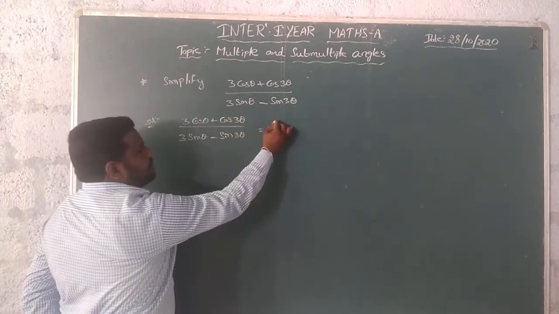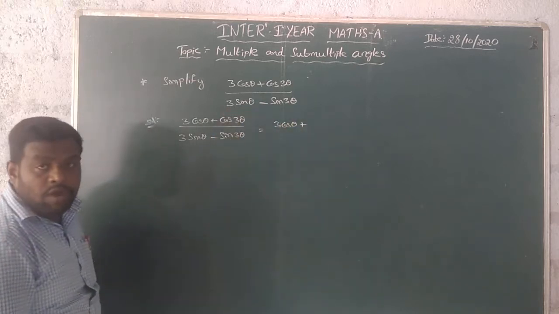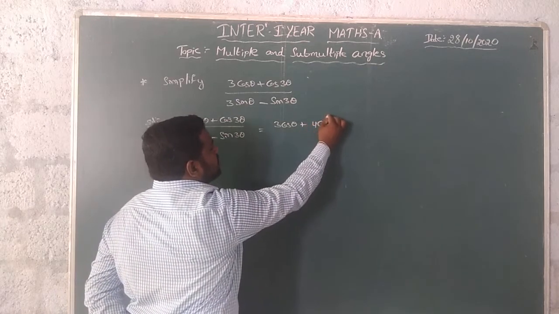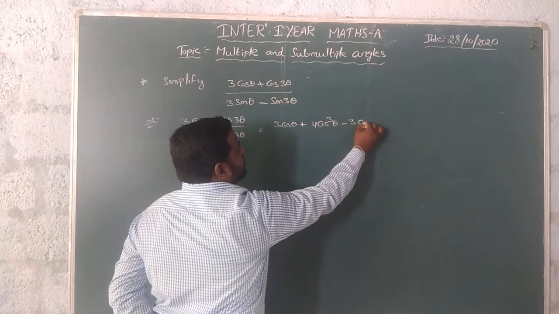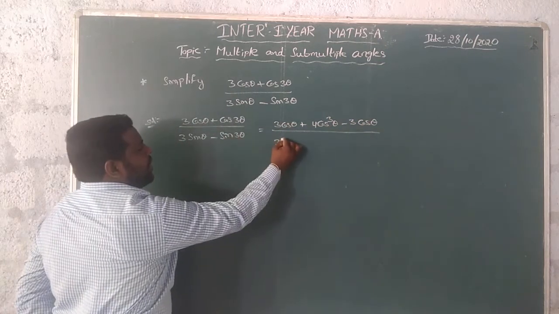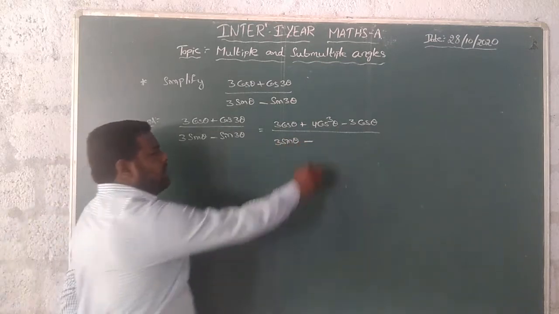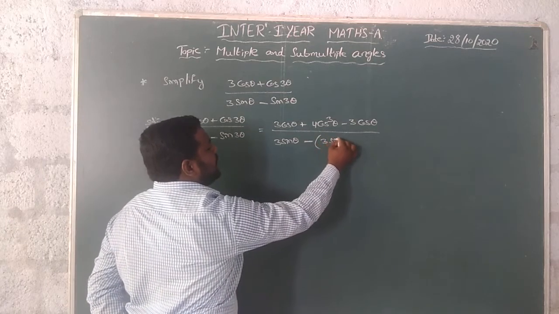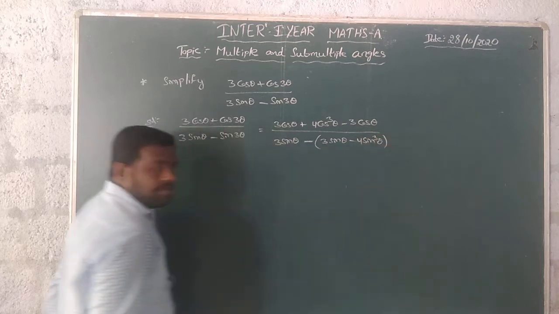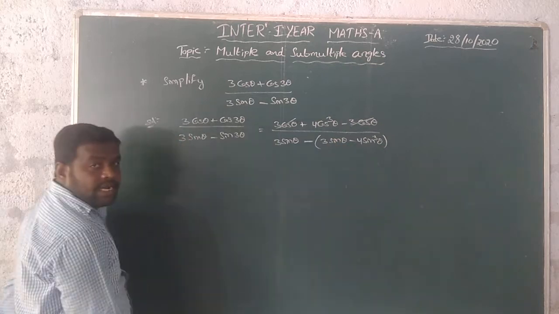That equals 3 cos theta plus, we know the formula of cos 3 theta. What is the formula of cos 3a? That is 4 cos cube theta minus 3 cos theta, by 3 sin theta minus, what is the formula of sin 3 theta? Sin 3 theta formula is 3 sin theta minus 4 sin cube theta. So in the numerator plus 3 cos theta minus 3 cos theta get cancelled.